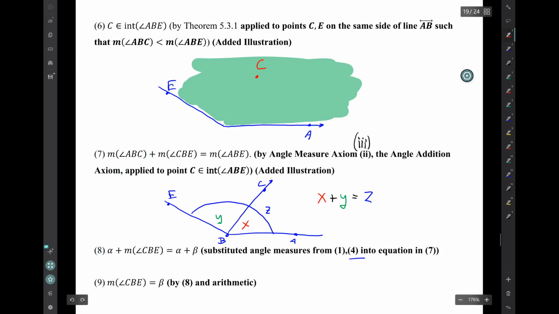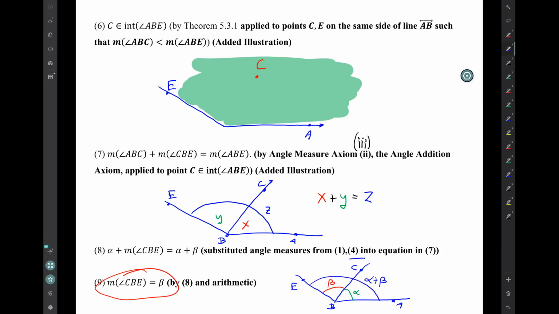In statement 4 we said that the measure of angle ABE is equal to this number. So now if we do arithmetic, we can say that the measure of angle CBE is beta. There's an illustration of that statement. Let's go on.